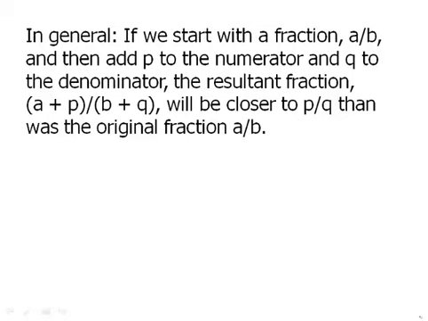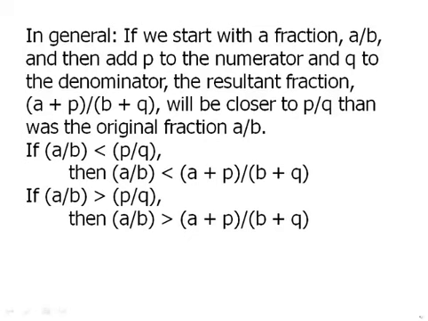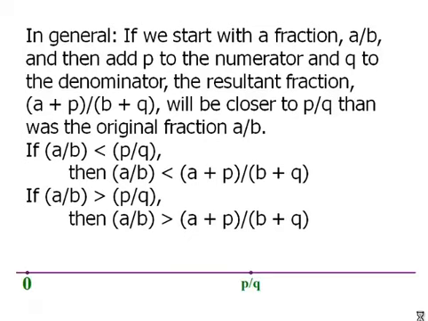So if the original fraction is smaller than p/q, then doing this makes it bigger. If the original fraction is larger than p/q, then doing this makes it smaller. And so again, whatever we're adding, p to the numerator and q to the denominator, that fraction p/q becomes the central attractor. Fractions here move closer to it, fractions here move closer to it, so the ones here get larger and the ones here get smaller.